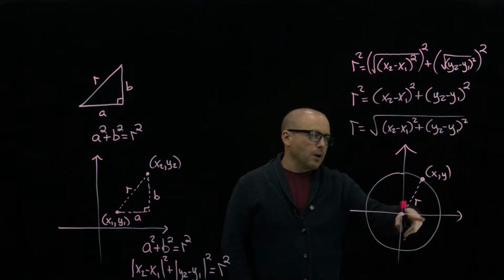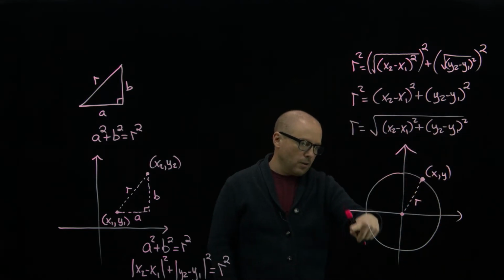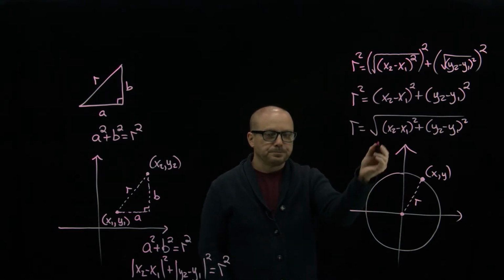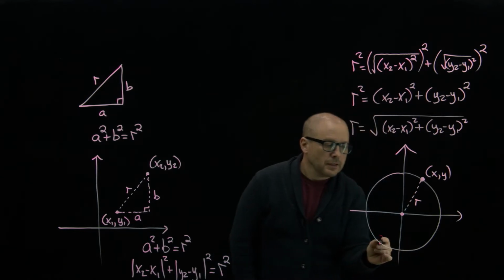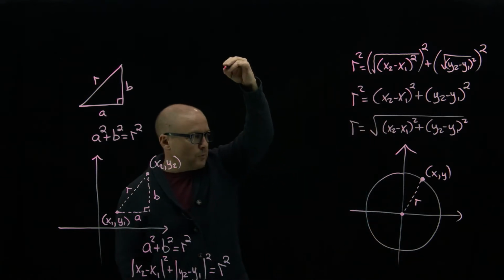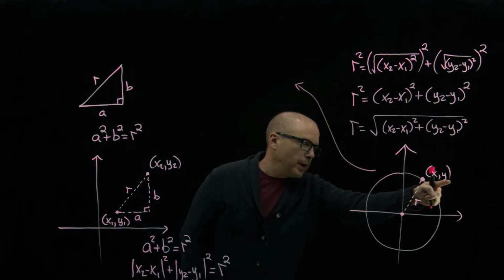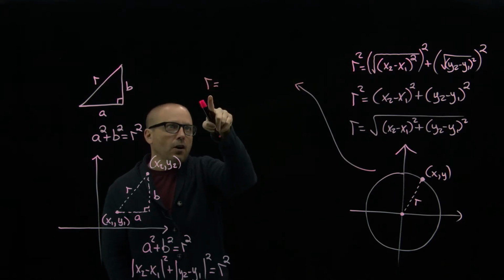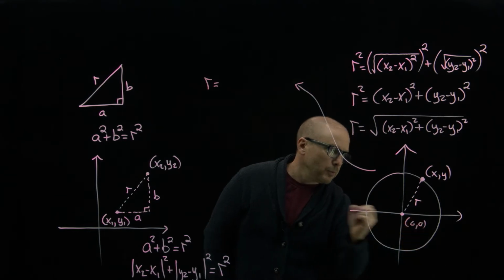Well, what do we know? All the points on here should satisfy this equation because they're all a distance r from the center. So what do all these points have in common? Every point xy on there, the distance is r from the point 0, 0.